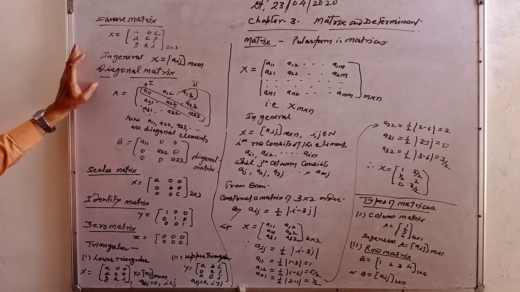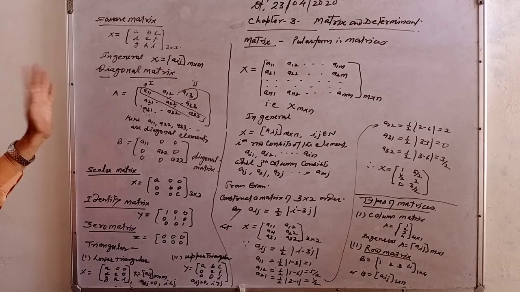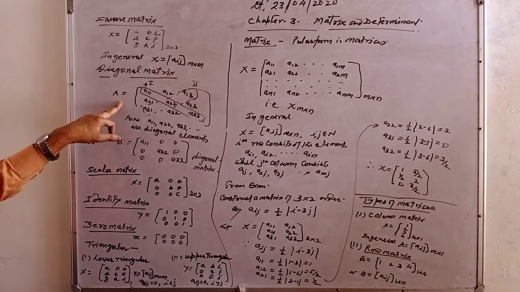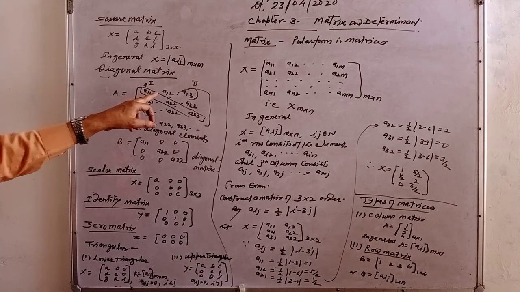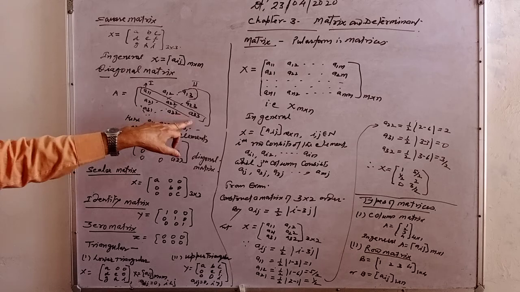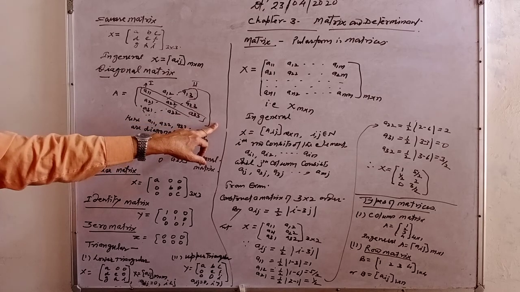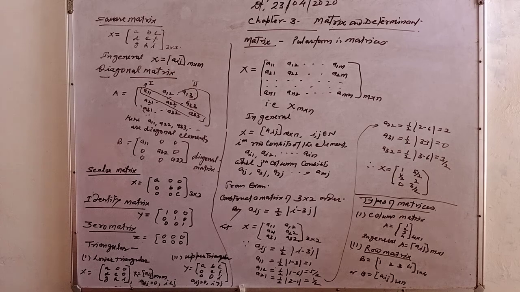Now, diagonal matrix. There are 2 types of diagonals. From this you can clearly understand. a11, a12, a13, a21, a22, a23, a31, a32, a33. This is a 3 into 3 order matrix. Number of rows is equal to number of columns.